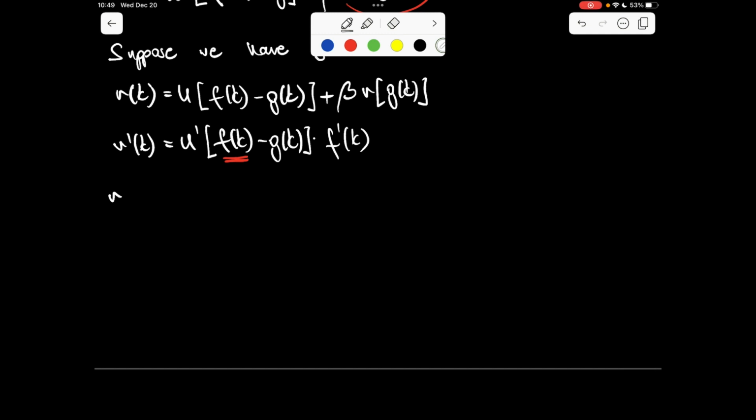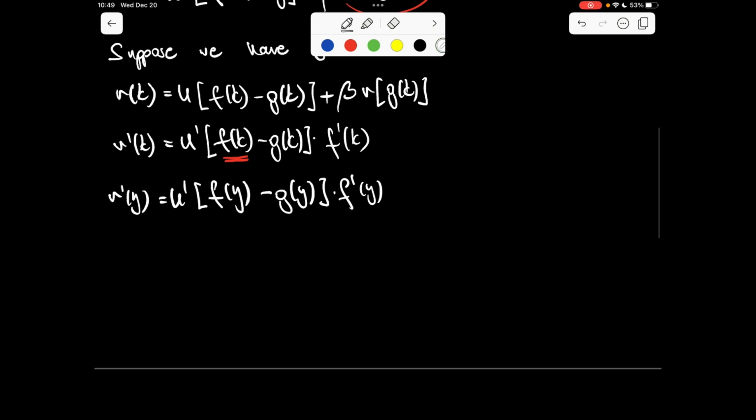This is true of any k, even in k next period, which is y. So it is also true. All right. And we can put this and the envelope condition into the first order condition to have the Euler equation.